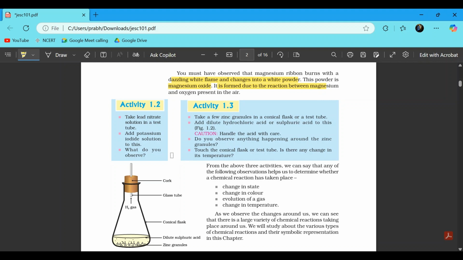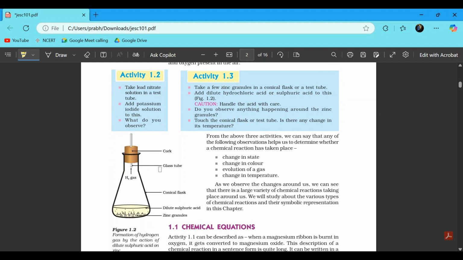Now let's take another example. Here we have few zinc granules, broken zinc, in the conical flask, and here you have dilute H2SO4, which means it is not concentrated, the concentration is not very much.